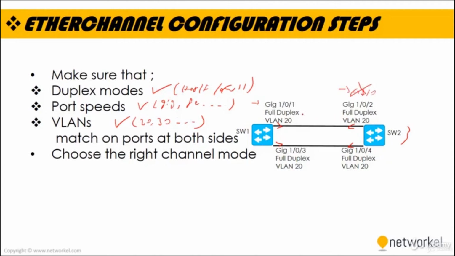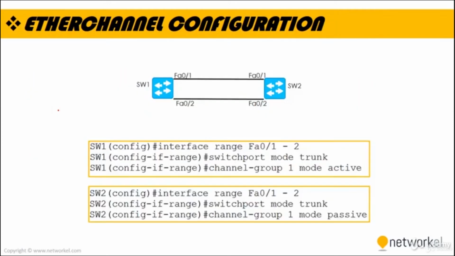If I'm using full duplex on this side, I cannot use half duplex on the other side. If this port is attached to VLAN 20, the other port should not be attached to VLAN 30. To create an EtherChannel, duplex modes, port speeds, and VLAN numbers should match. And also we need to choose the right channel mode, as you know.